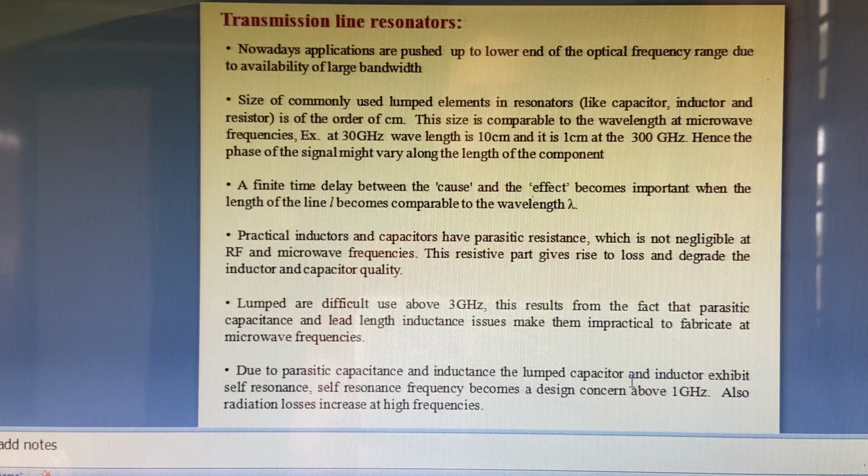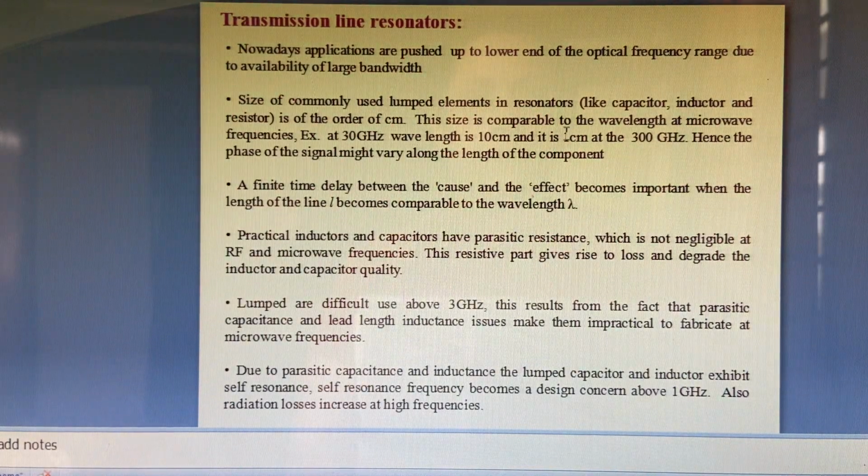But as you go for high frequency operation, as we know, nowadays the frequency of operation is shifting towards the lower end of the optical frequency range, in the order of hundreds of gigahertz. In that frequency range, it is difficult to find lumped elements to implement resonator circuits, because the size of commonly used lumped elements is of the order of a centimeter.